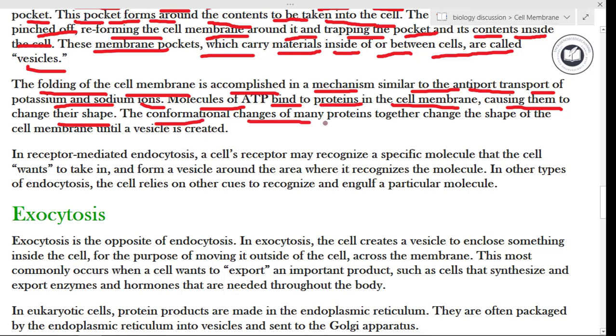The conformational changes of many proteins together change the shape of the cell membrane until a vesicle is created.